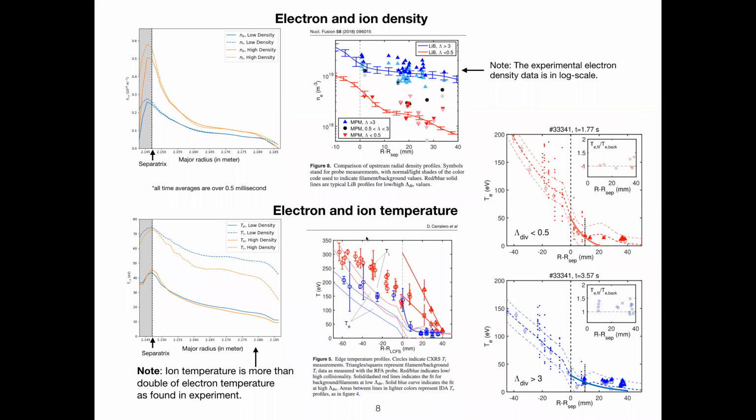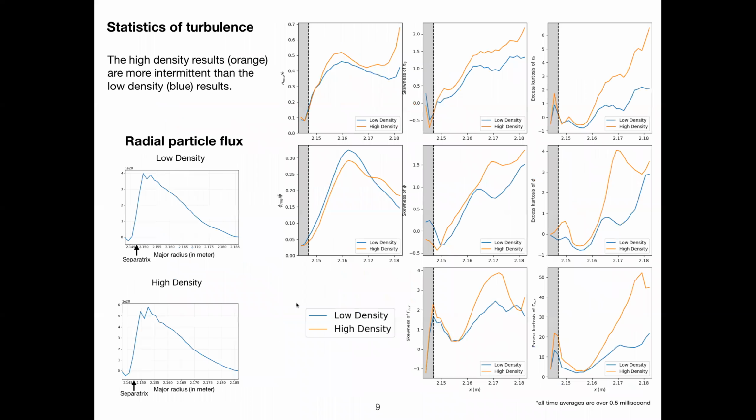And also the electron and ion temperature, you can see that even though we start from the same temperature for electrons and ions for both the different cases, however, as we see in the experiments, the ion temperature becomes almost double, or in fact more than double, the electron temperature. So this is a good signature that we are capturing. We are close to the experiments.